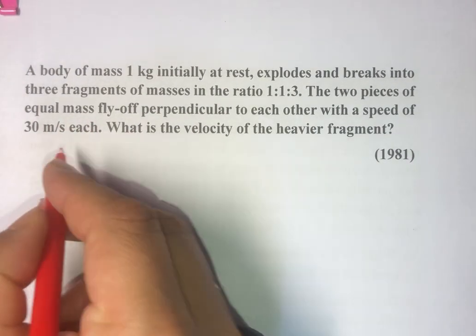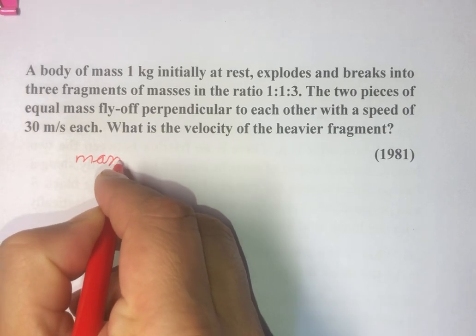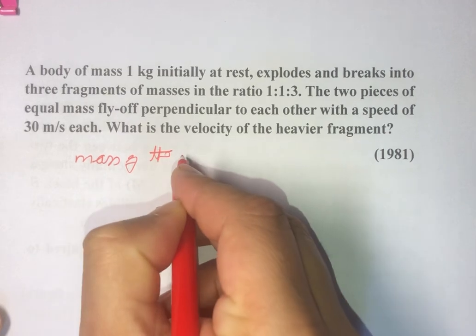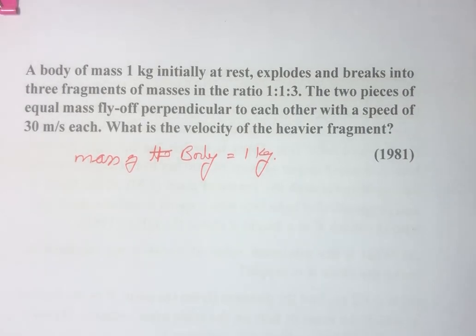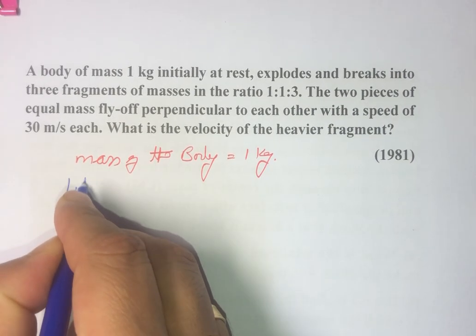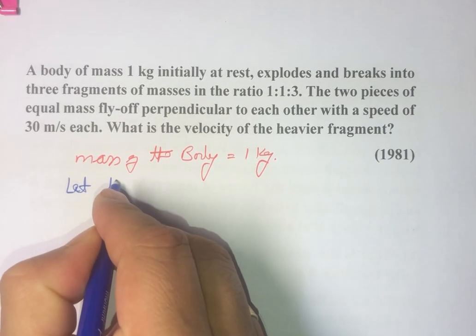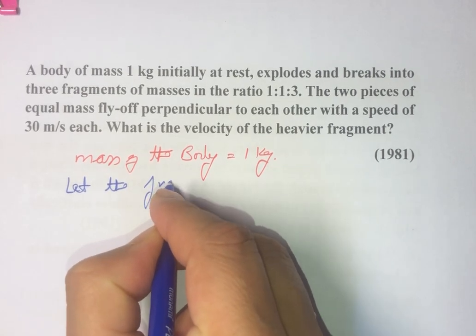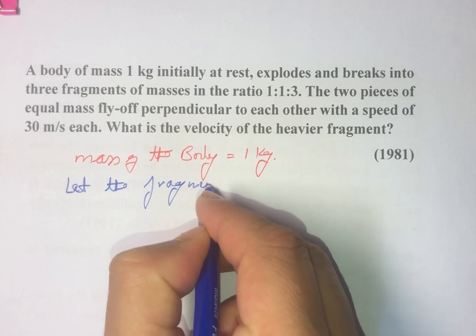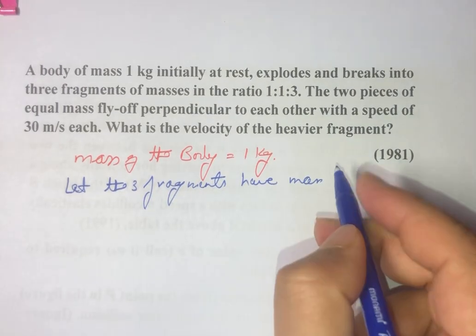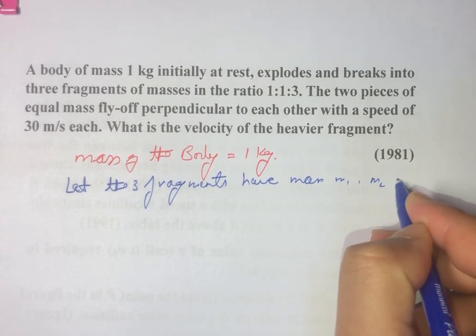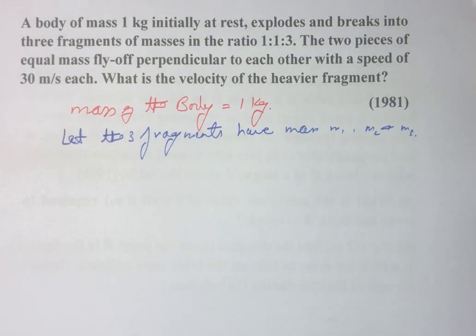It is given that the mass of the body is 1 kg, and let the 3 fragments have masses m1, m2 and m3. Therefore their ratio is given as 1:1:3.